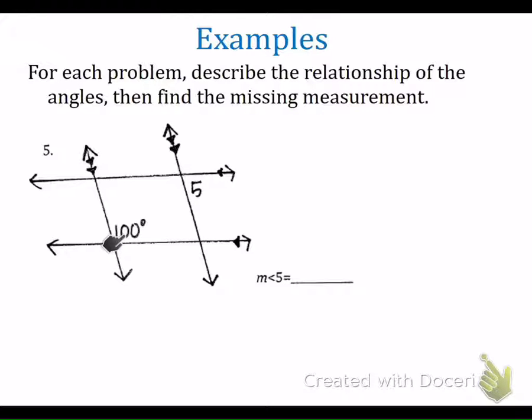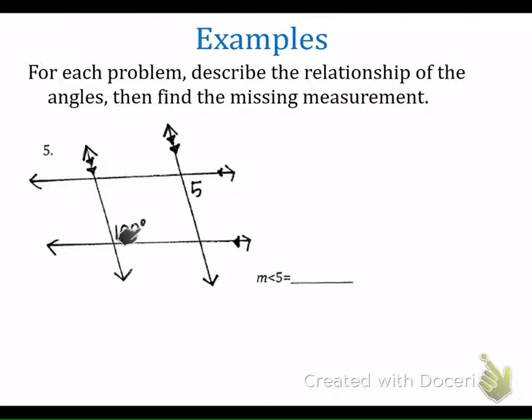Since I peeked ahead, they use the fact that this one and this one are alternate interior, and this one are same side interior. So what do I know about same side interior? Same side interior are not congruent.